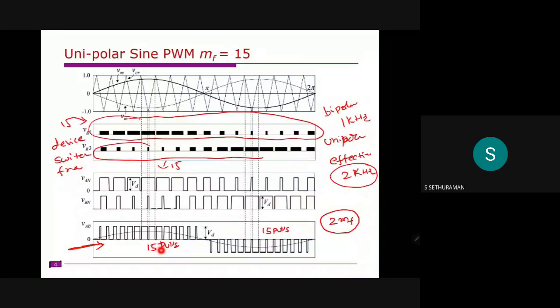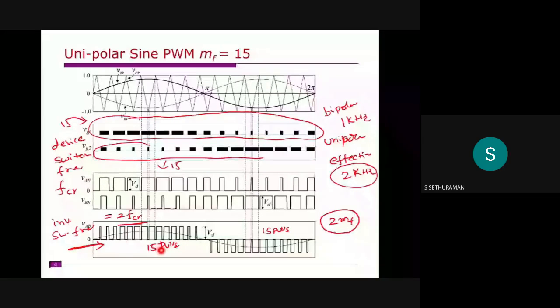The device switching frequency is equal to the carrier frequency. That means each device operates at the carrier frequency, but the inverter switching frequency is 2 times the carrier frequency. Clear? The effective switching frequency of the inverter is 2 times the carrier frequency. So that is the main difference.